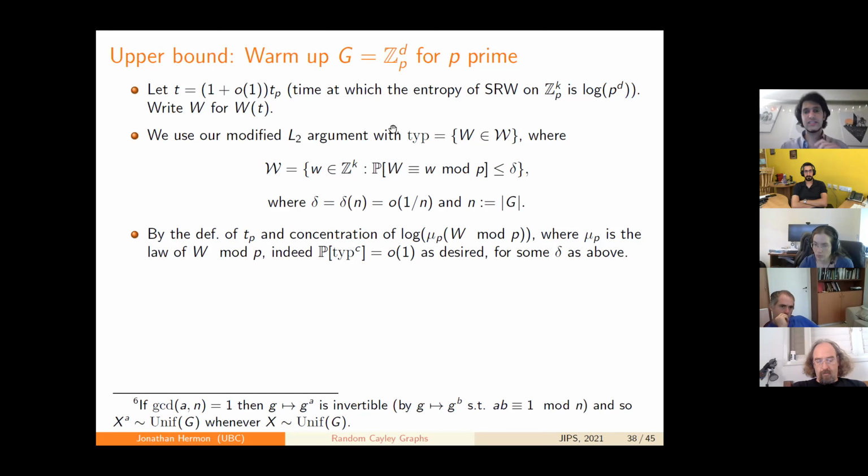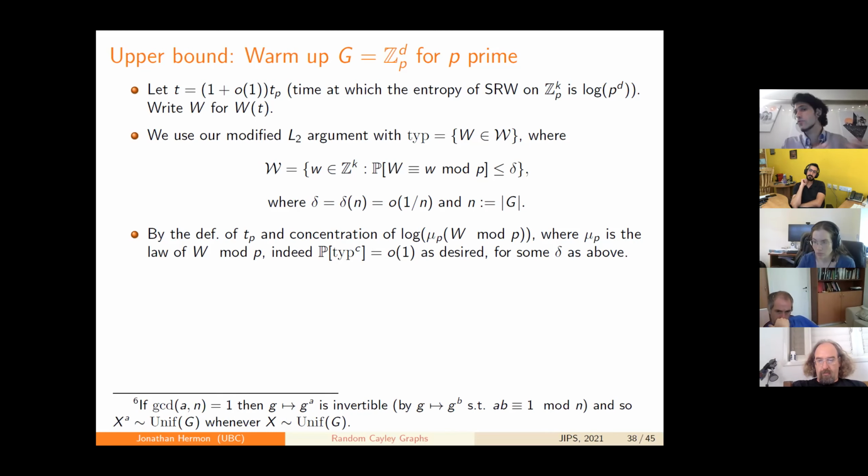So here the typical set is going to be all lowercase w in Z to the K, such that the probability that uppercase W is equal to lowercase w mod P is at most some delta, where delta is little o of size of the group.